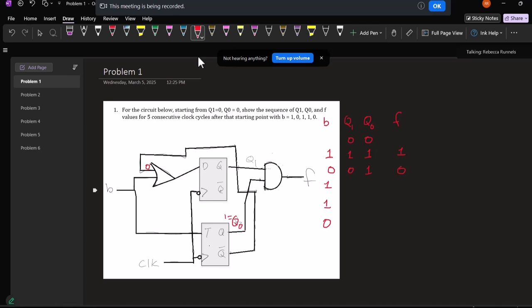All right, and B this time around is 1. So I have the OR of 0 and 1, which is 1, which makes Q1 1. B is 1, so we have a 1 input to our T flip-flop. That means it's going to toggle, so Q0 becomes 0. And then the AND of 1 and 0 is 0.